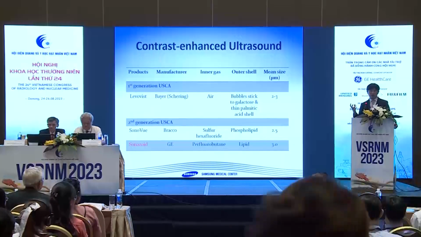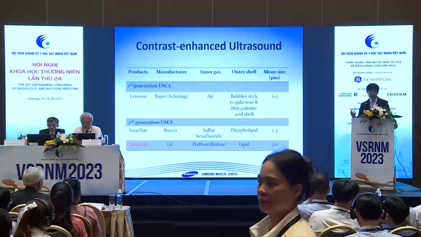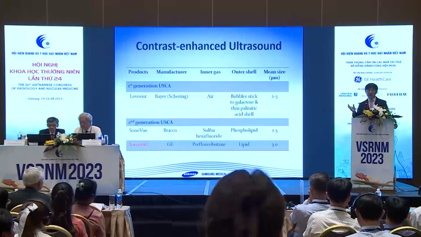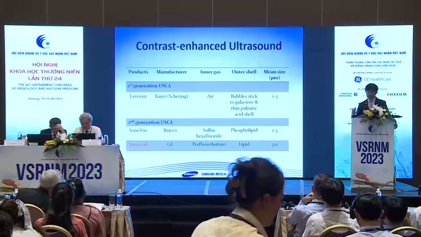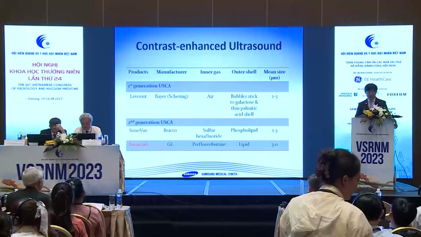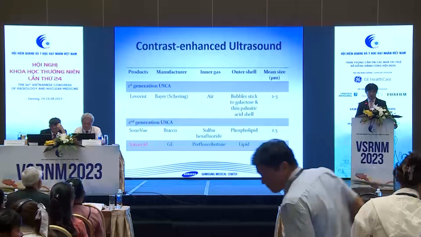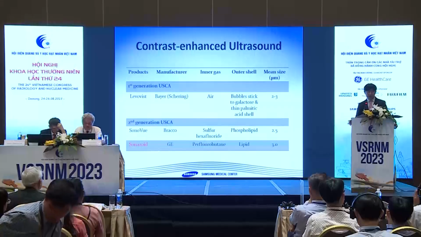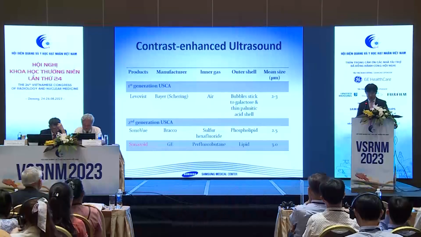It is a very good contrast agent, but it is very difficult to handle and prepare, and the examination is very difficult, so it is not usually used. But the second generation ultrasound agents, SonoVue and Sonazoid, are very easy for radiologists to prepare and use for examinations.